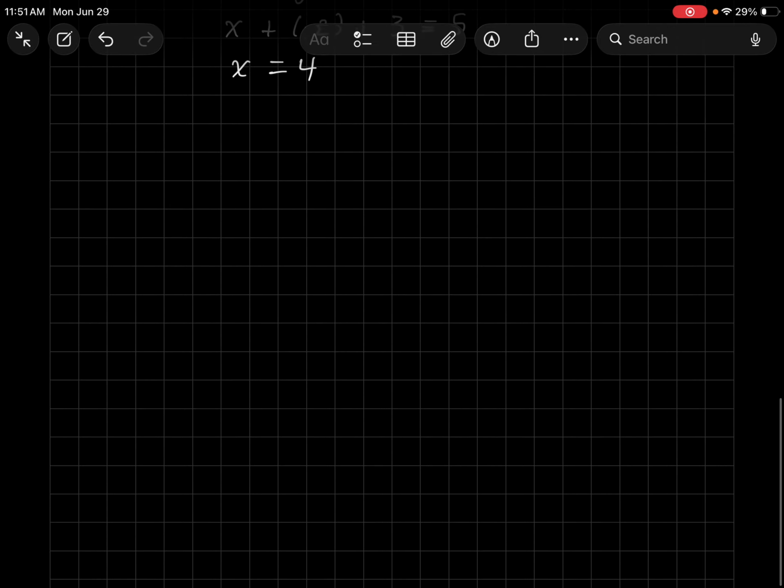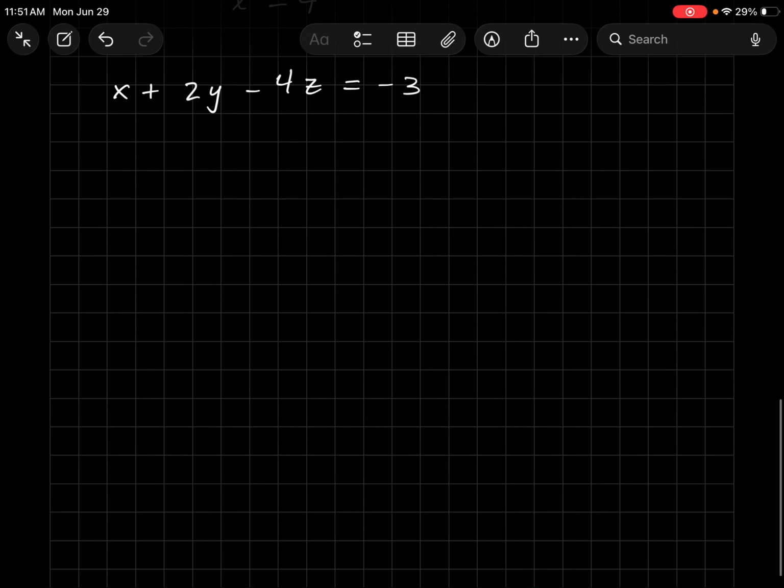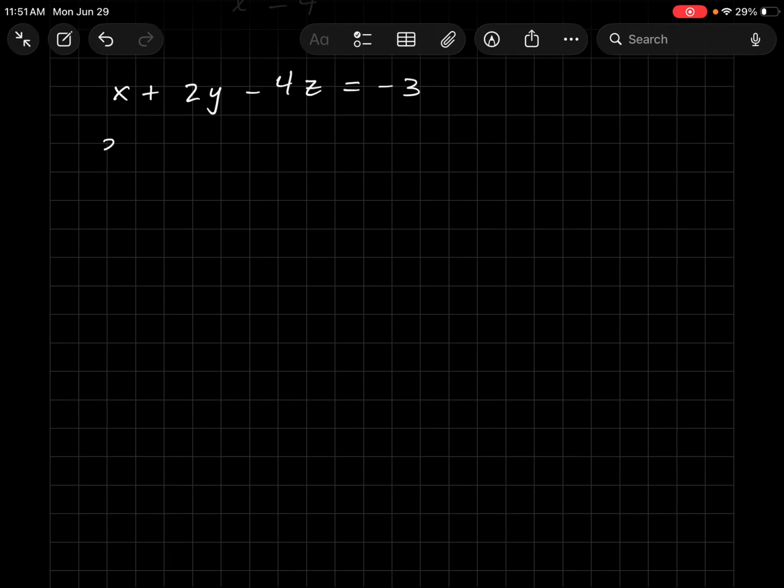Let's do one more example here. What if we have the system of equations x plus 2y minus 4z equals negative 3, and then 3x plus 7y minus 15z equals negative 12.